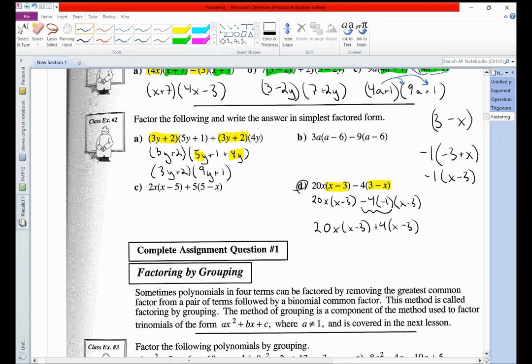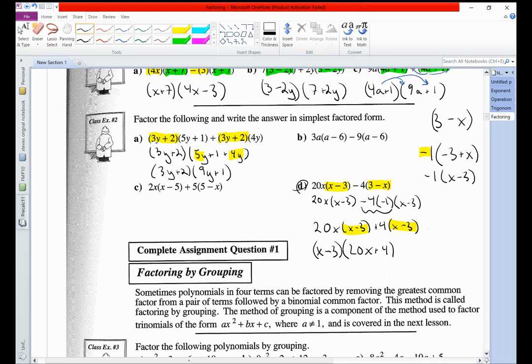So the trick there was we had to change the order of that 3 minus x. But now that we've factored out that negative sign, we've got an x minus 3 and an x minus 3. So we can factor that out of both terms in our expression, and we're left with 20x plus 4.